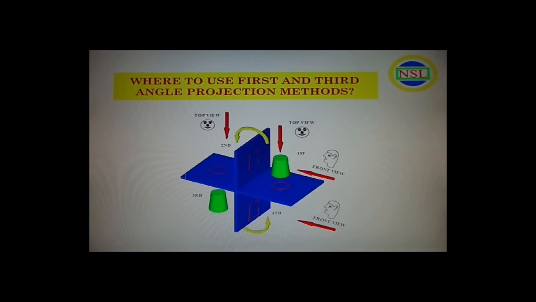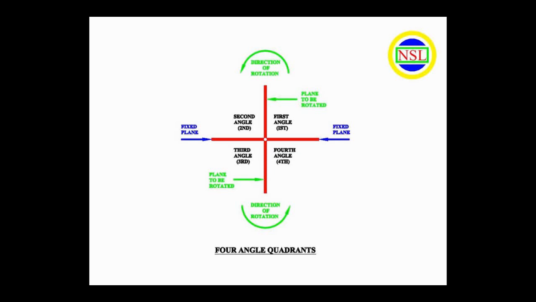I would like to advise everybody, please do not mess first and third angle projection method just by categorizing them into advantages or disadvantages, because literally there is nothing such a kind of difference.